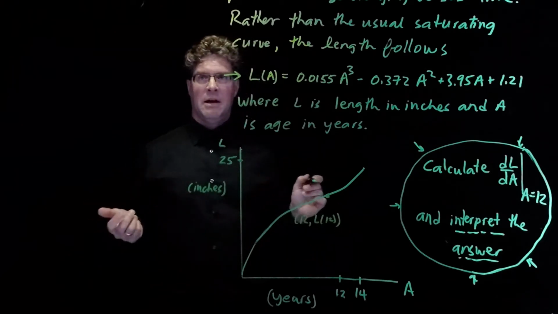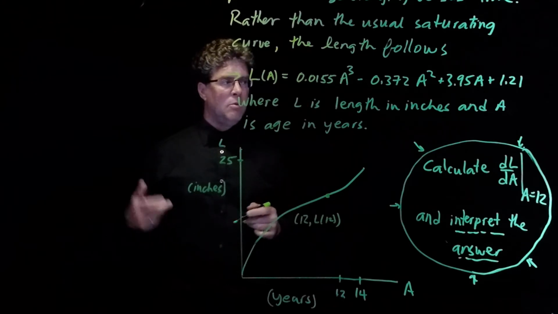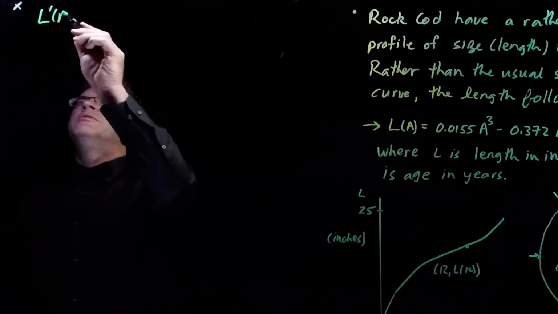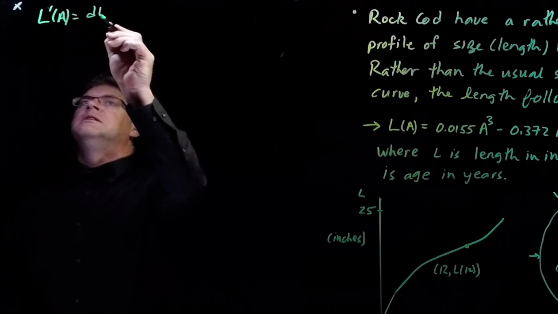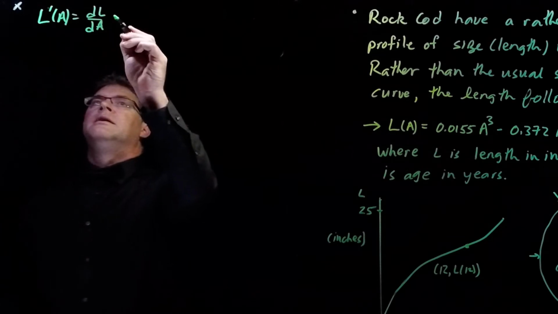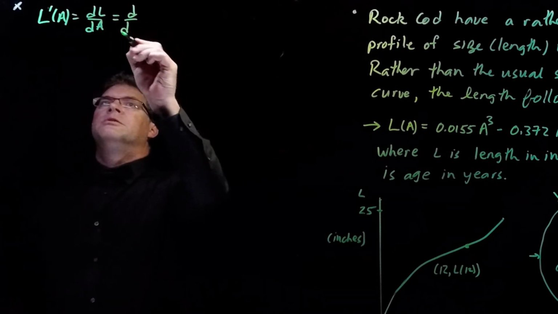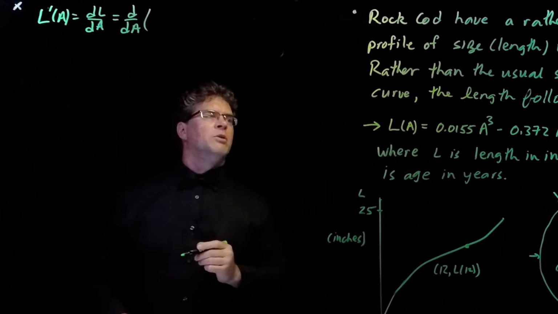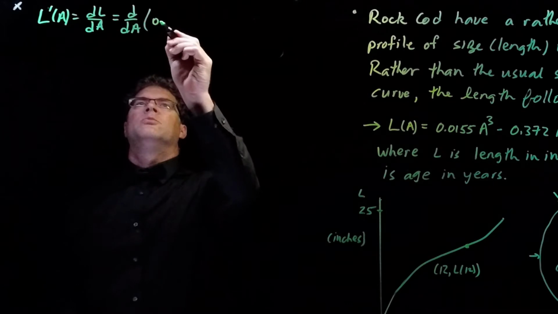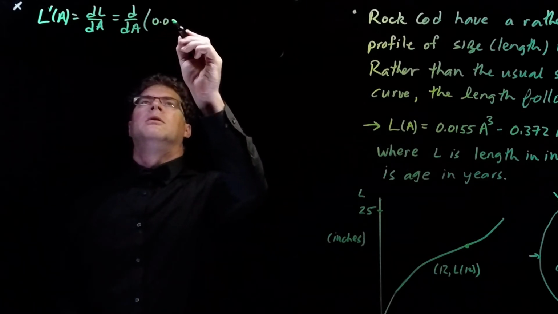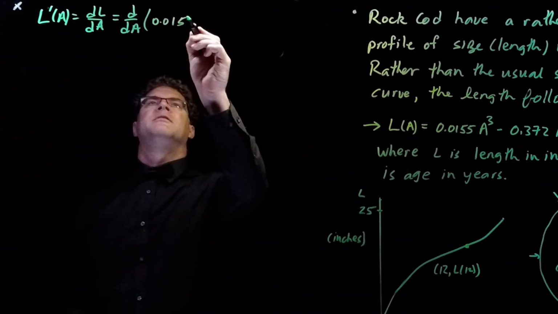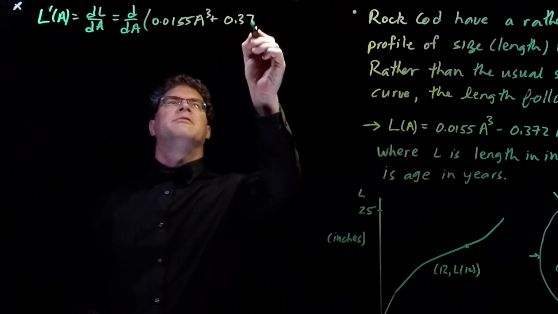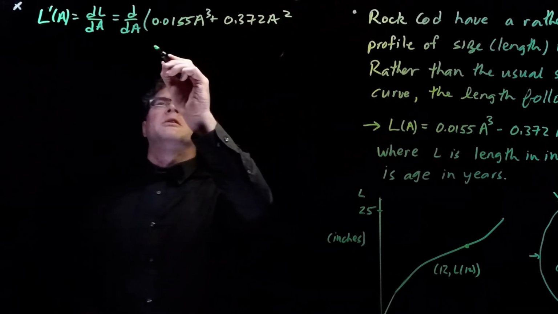And so if we want to calculate the derivative, we need to write down L prime of A, which is dL/dA, is equal to the derivative with respect to A of that cubic formula there, 0.0155 A cubed minus 0.372 A squared.